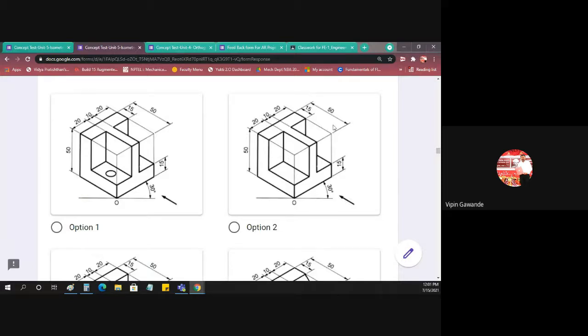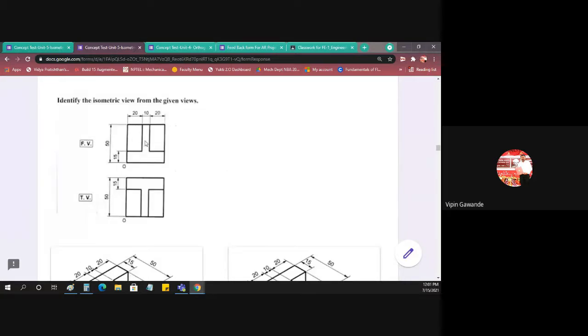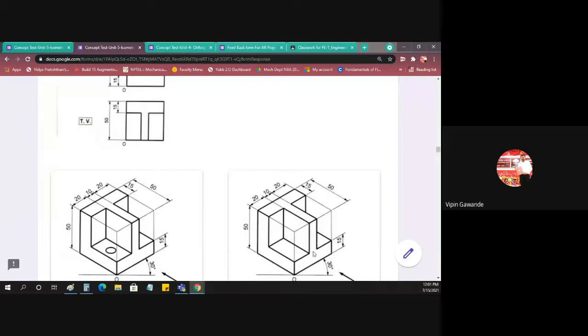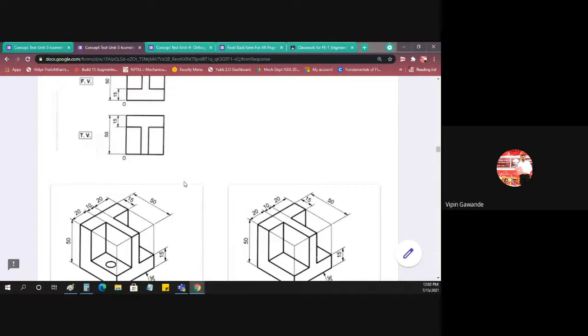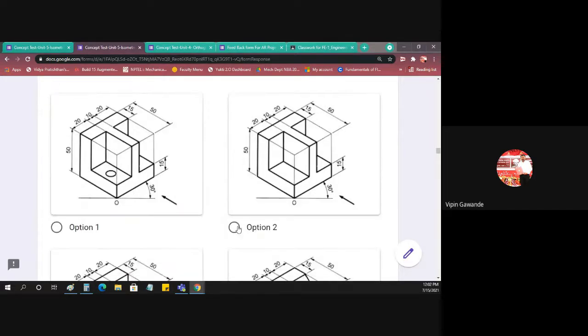Then this becomes the vertical T, and we get these 2 rectangles, 1 and 2. So what is the correct option for this problem? The front view is like this, T and 1 and 2 rectangles, and in the top view we'll get this T shape and 1 and 2 surfaces. So the correct option for this problem is option number 2.